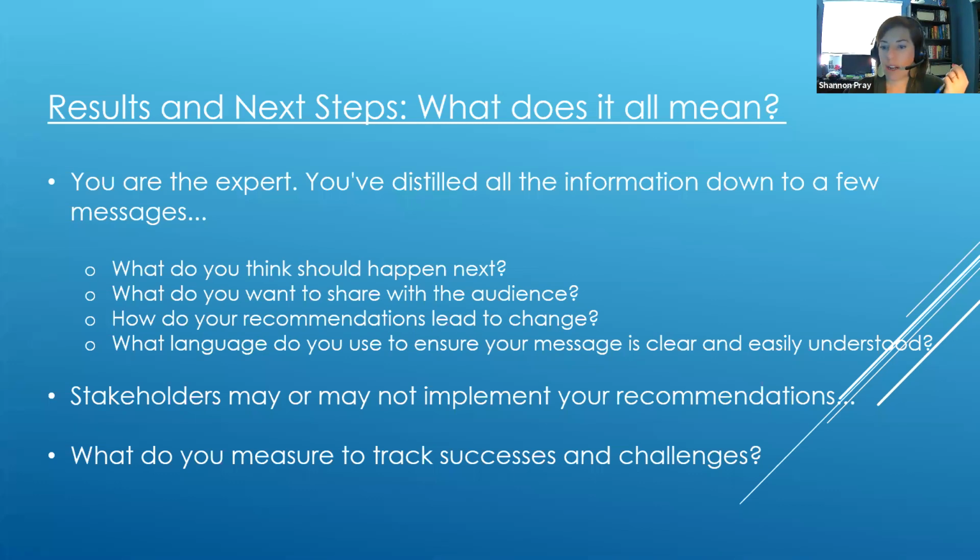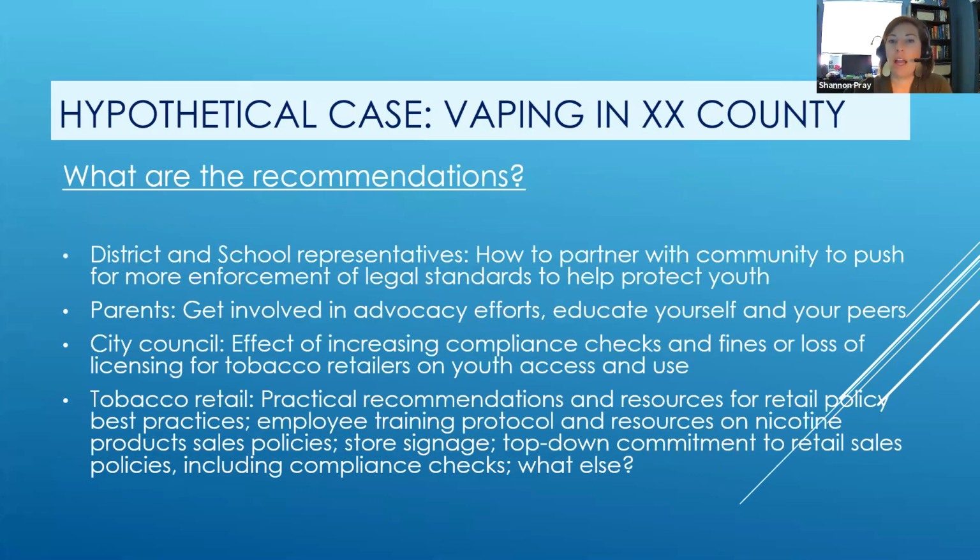So again, in our hypothetical, what are the recommendations? So for district and school representatives, our recommendations might be how to partner with community to push for more enforcement of legal standards and to help protect youth.